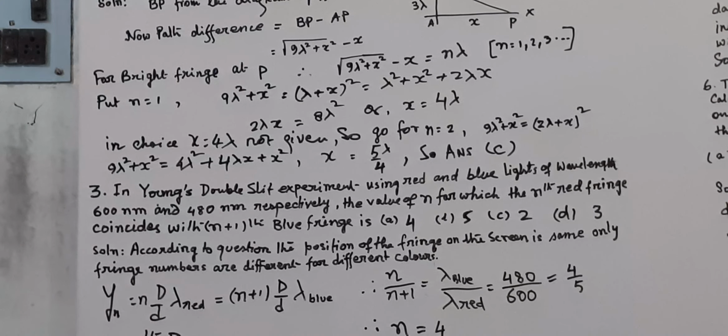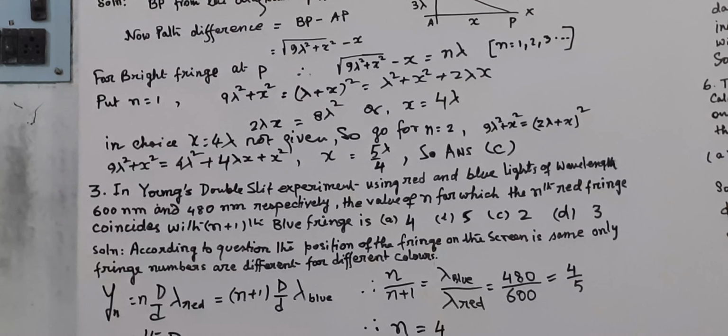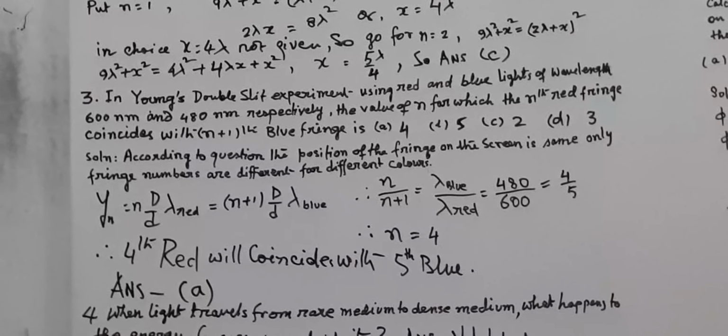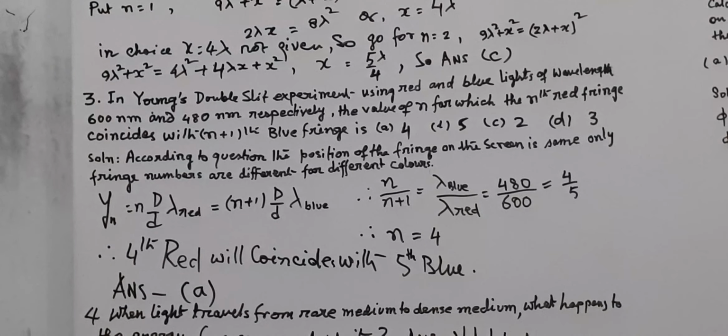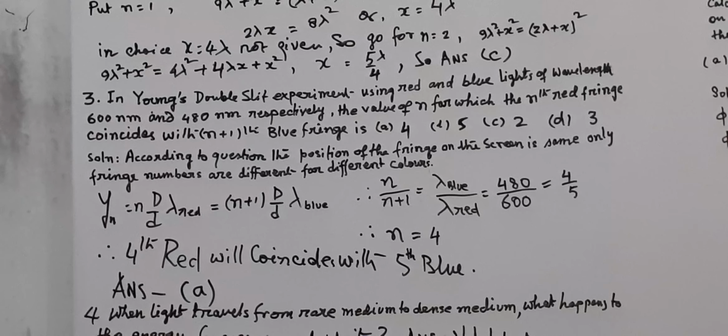According to the question, the position of the fringe on the screen is the same, only the fringe numbers are different for different colors. So y suffix n equals n capital D by small d lambda for red will be equal to n plus 1 capital D by small d lambda for blue.